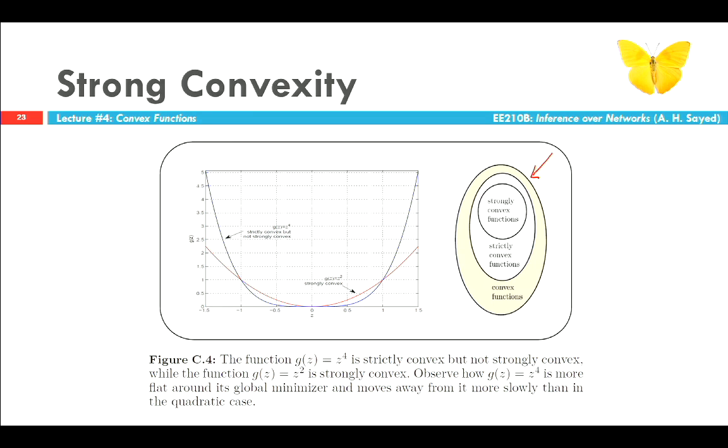Because this is more flat, and this one you have a sharper minimum. So strongly convex functions have this nice property, which is being illustrated in this plot.